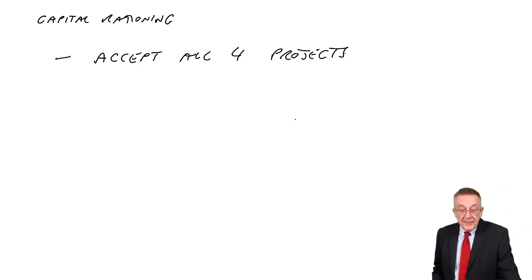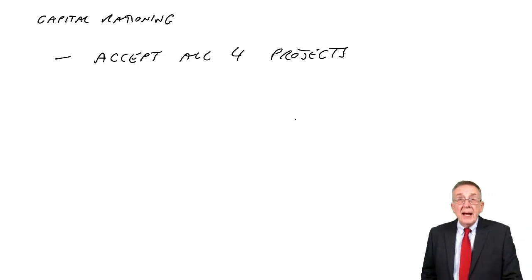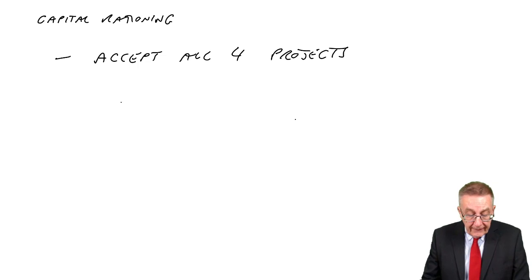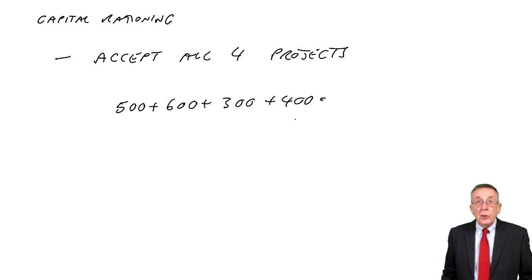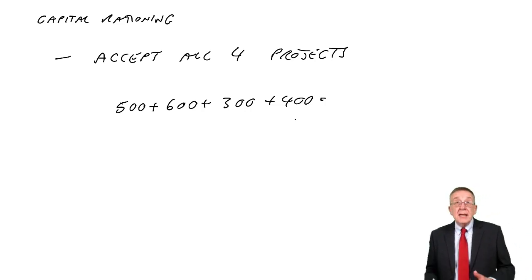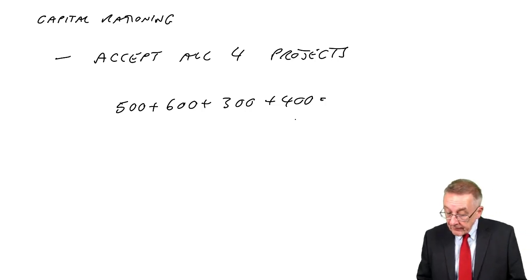except for the fact that to do all 4, how much cash would we need? A would need 500, B would need another 600, C 300, D 400. So to do all 4, we'd need to have capital available of 1,800.